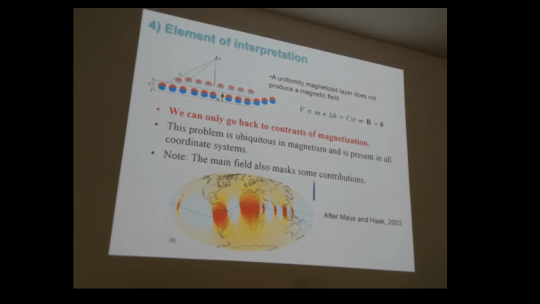So each time you have a constant magnetization all over the place, you have a zero magnetic field. So you cannot go back to the full total magnetization, but only to contrast of magnetization. You are always missing, if this is a plane, for instance, or a rectangular prism, you are missing the constant. It's impossible to go back to the constant. On the total Earth, this would be a shell.